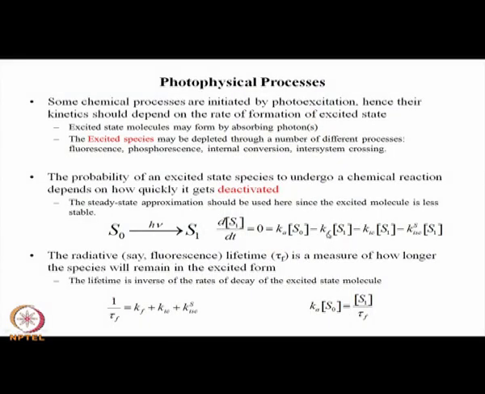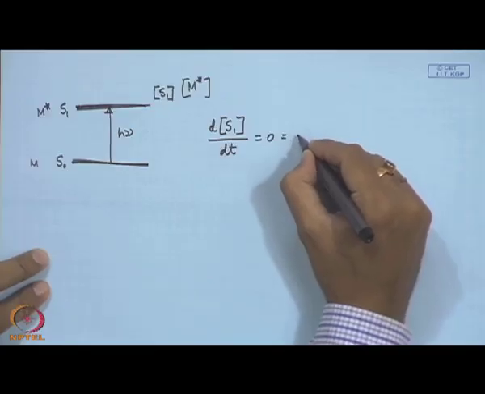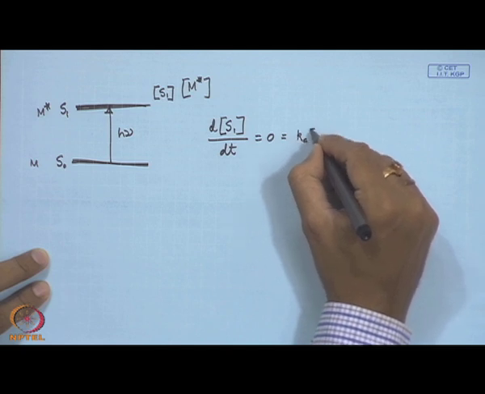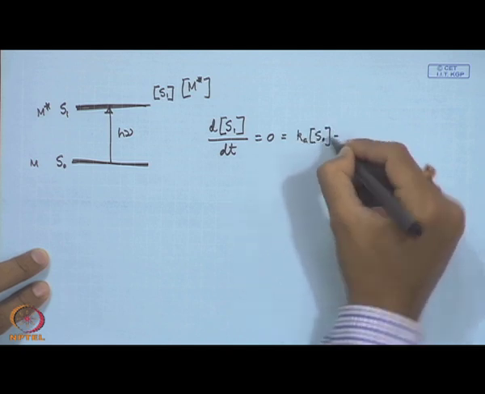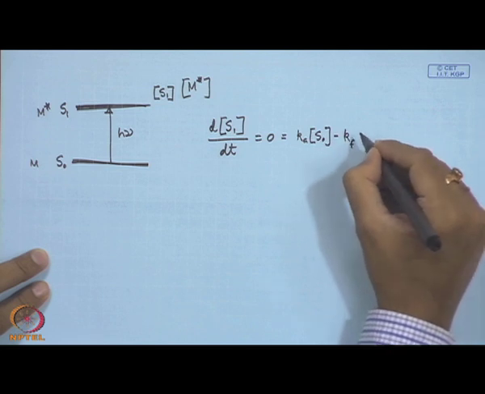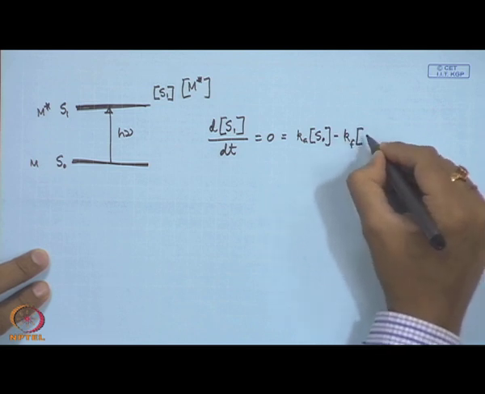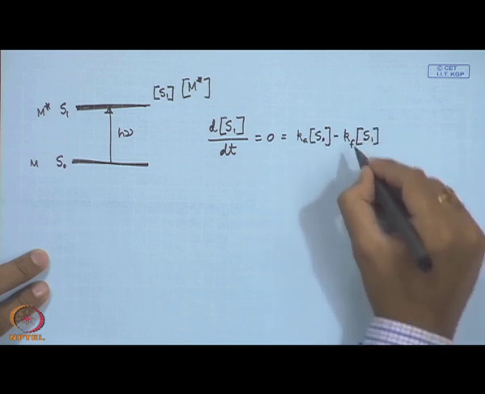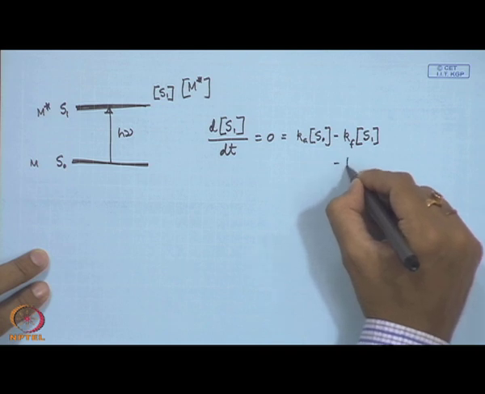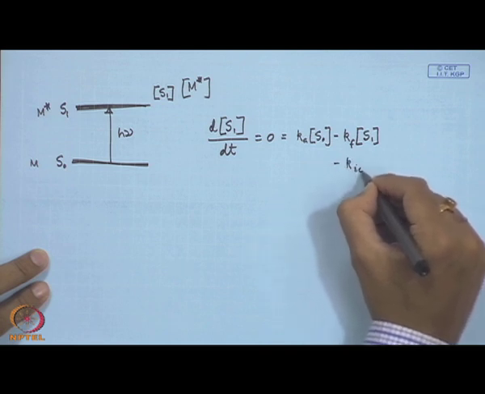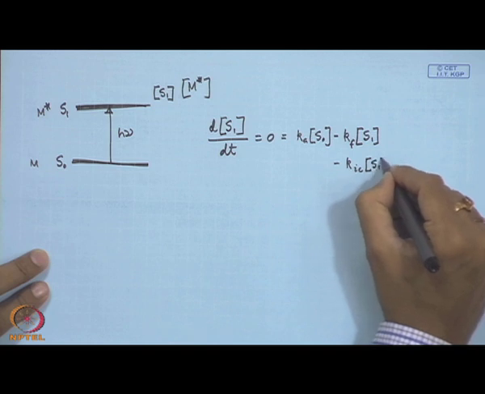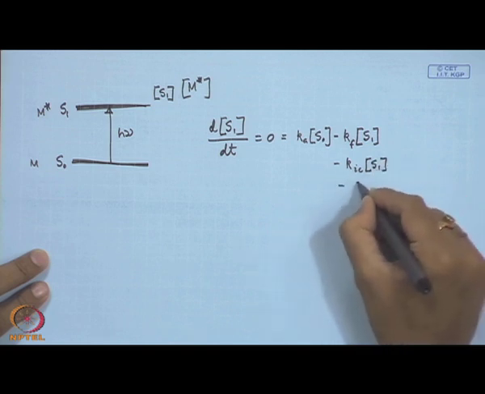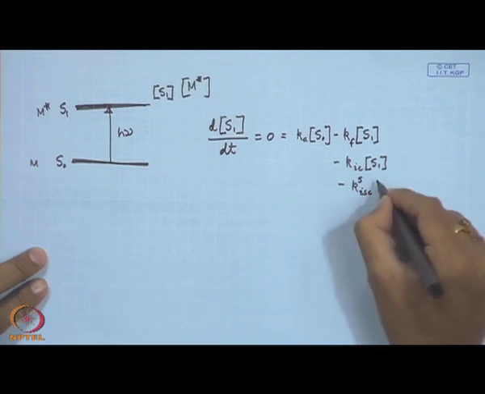Ka, or in some cases written as Ia, is the rate of absorption. Then minus Kf [S1], that is the rate of fluorescence deactivation, the radiative de-excitation to S0. Then minus K internal conversion [S1], then minus K singlet ISC [S1].